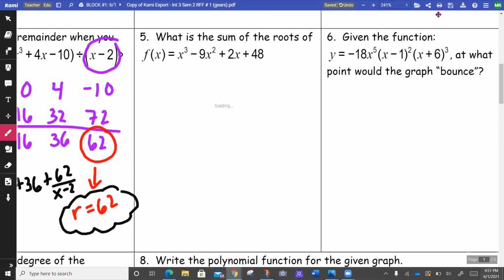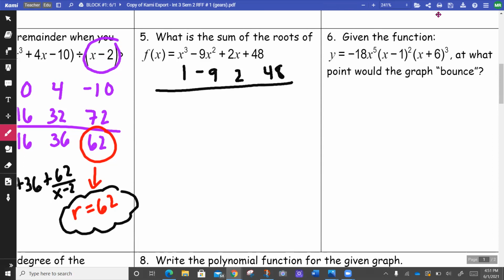What's the sum of the roots? Okay, so we want to find the roots here. And so for this, what I'm going to do is I can do my synthetic division using 1, -9, 2, 48.